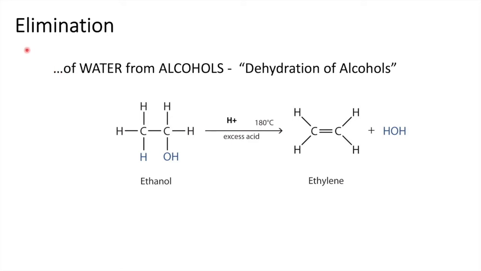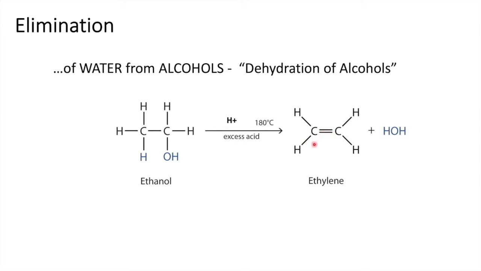So the first one I want to talk about is elimination, again just what it sounds like. It goes away. Elimination of water from alcohols. So remember in this chapter, when you think about water, think about it as HOH. Of course, water is H2O, but when you eliminate the OH and you eliminate the H, a double bond is going to form.